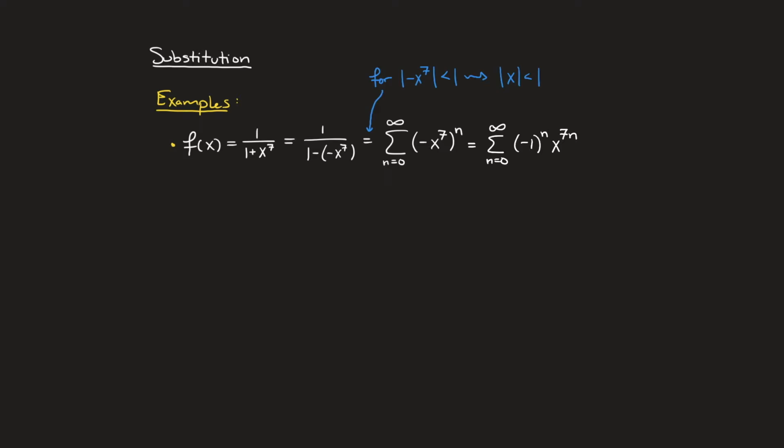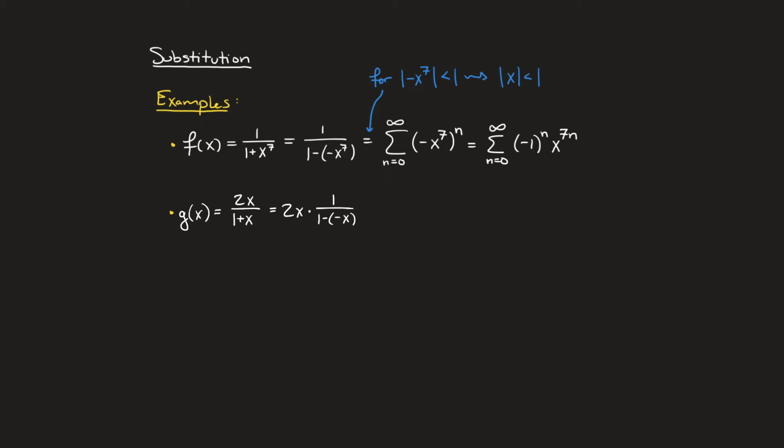Let's do a couple more examples. Consider the function 2x over 1 plus x. Our first step is going to try and make this look like 1 over 1 minus something. The first thing we can do is pull the 2x off the top, and then we're left with 1 over 1 plus x, which we can rewrite as 1 over 1 minus negative x.